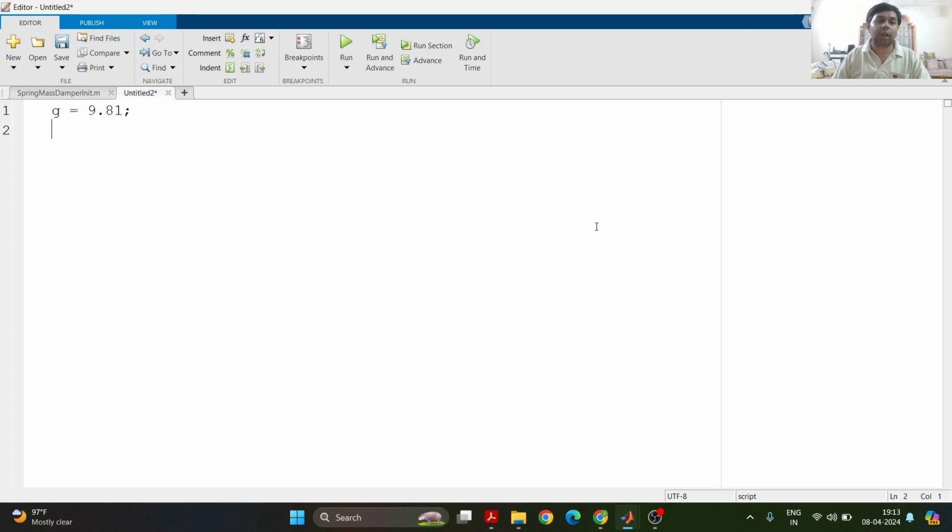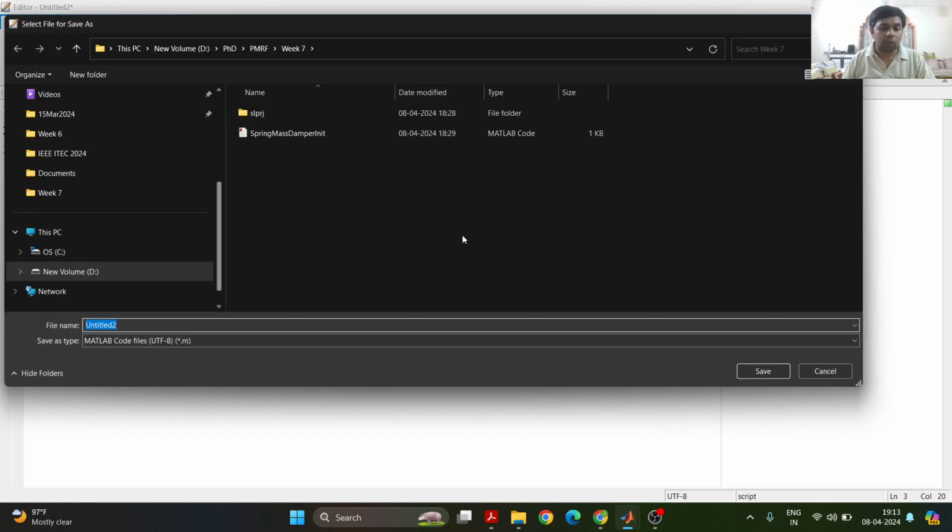So let's define g, the acceleration due to gravity, then the length of the pendulum, let us say 1 meter, and the initial angle by which it is displaced, let us say minus 60 degrees.